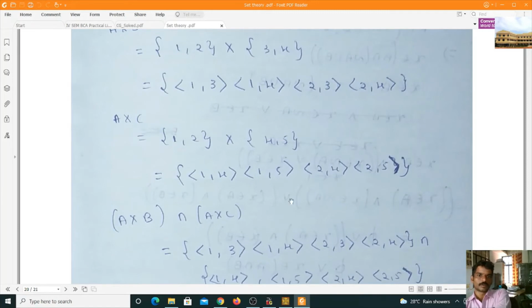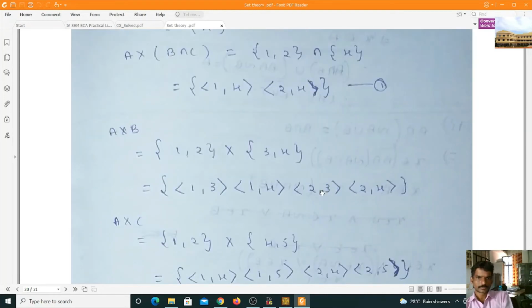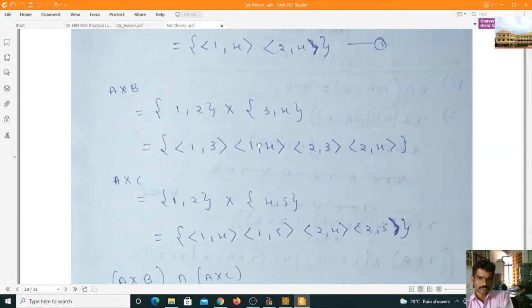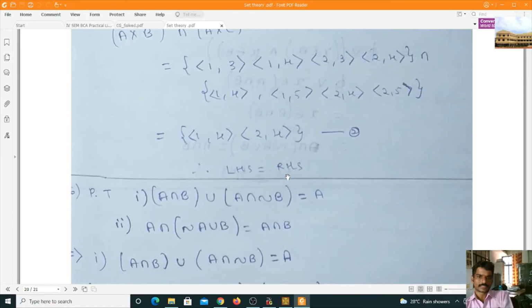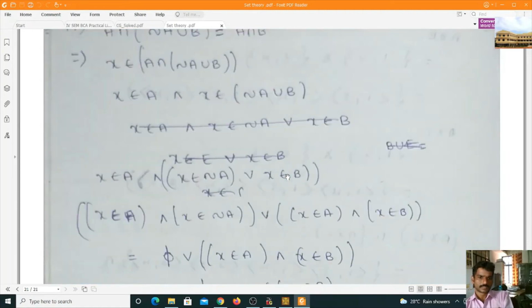Now what elements are common here in A cross B intersection A cross C? 1,4 and 2,4 are common. So 1,4 and 2,4. So LHS is equal to RHS.